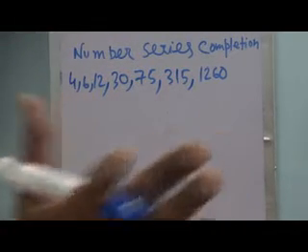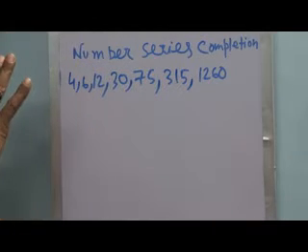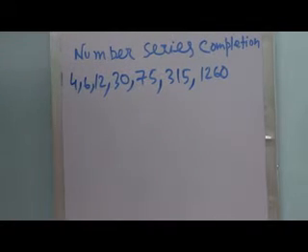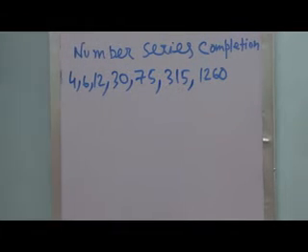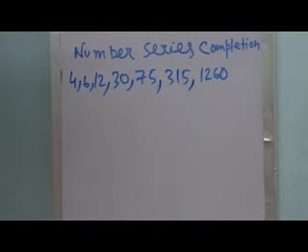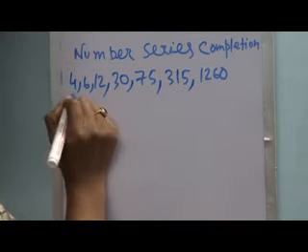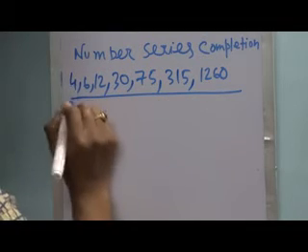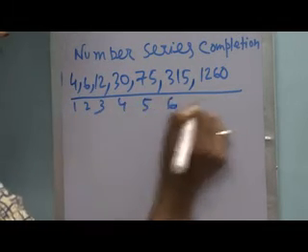Similarly, as I have told in the case of the previous number series, we need to move from left-hand side to right-hand side, and that is the way maximum number series calculation is done. Okay, so let's denote them as first position, second, third, fourth, fifth, sixth and seventh position.